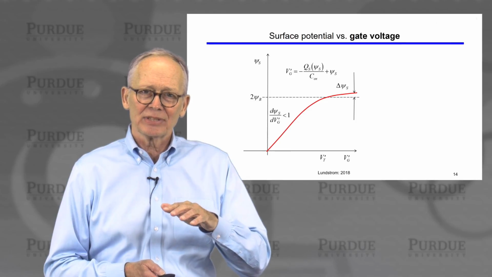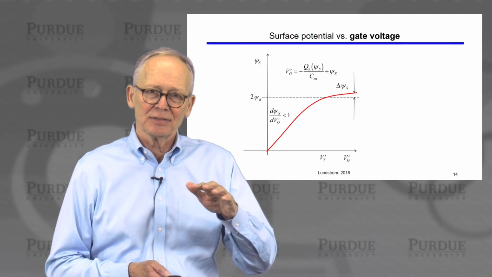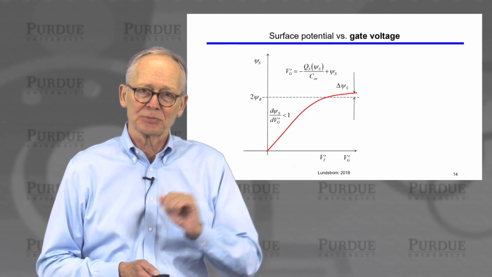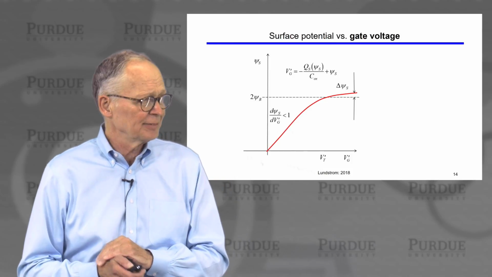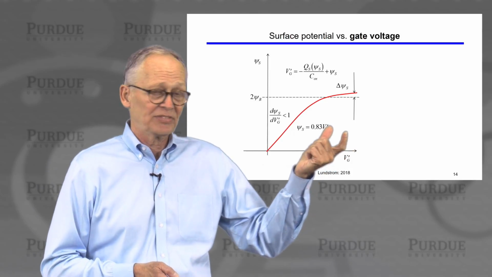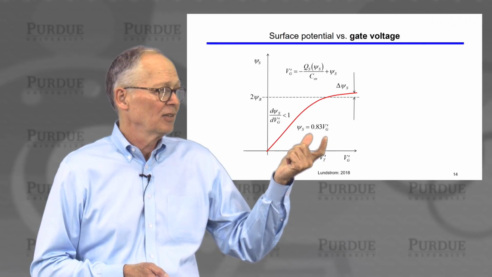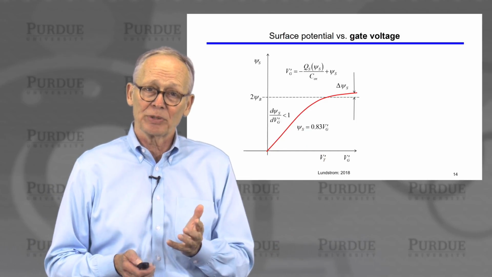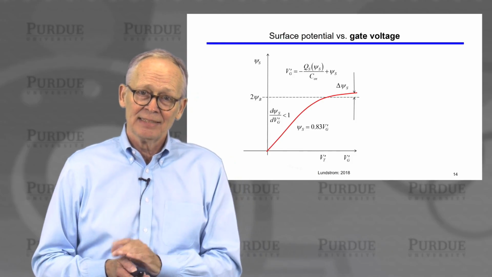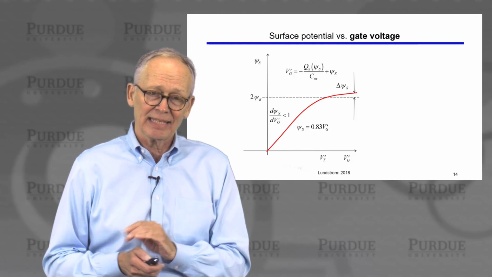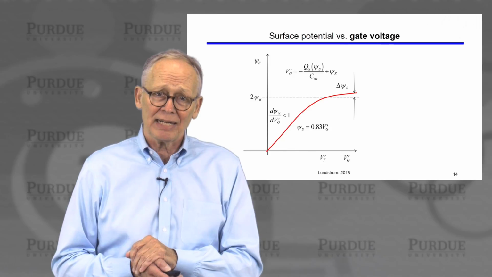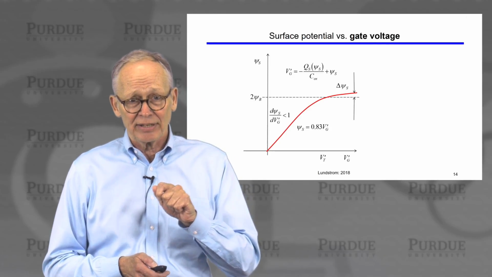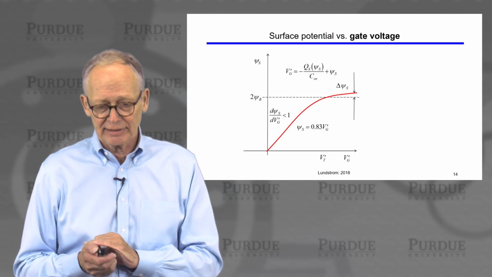When we apply a gate voltage, it doesn't all get into the semiconductor and affect the surface potential. Some is lost in the gate oxide. Now, we've seen in this example that surface potential is 0.83 times the gate voltage. The slope here is 0.83, it's not 1. So obviously we'd like to make that slope as close to 1 as possible so that the gate voltage very efficiently modulates the potential in the semiconductor.